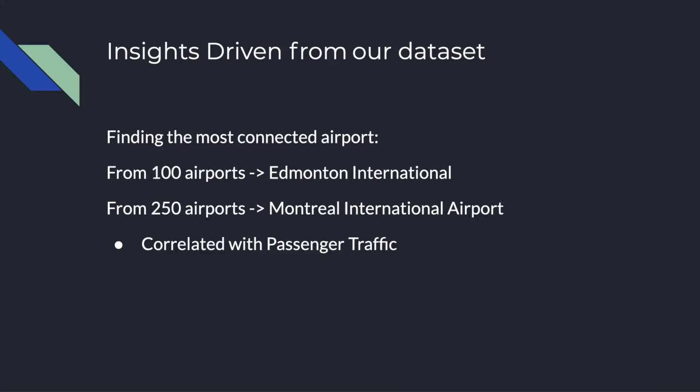We did a simple Google search and found that both Edmonton and Montreal International Airports are among the busiest airports in Canada. As we expand our number of airports, we predict there will be more of a correlation between passenger traffic and the most connected airport.